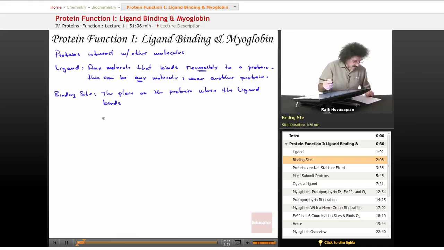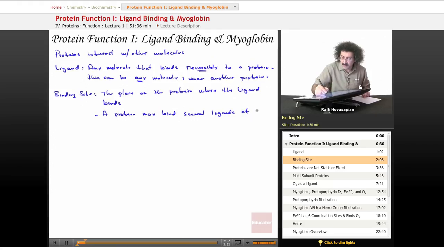Now, a protein may bind several ligands at several sites. So again, we're not putting any restrictions on this.